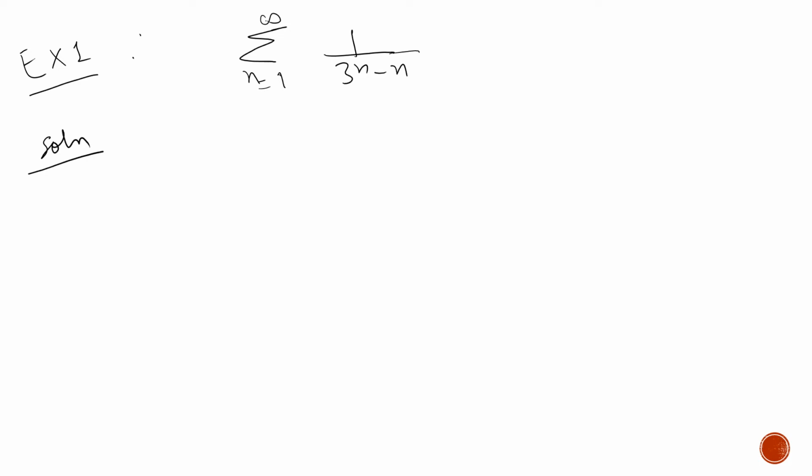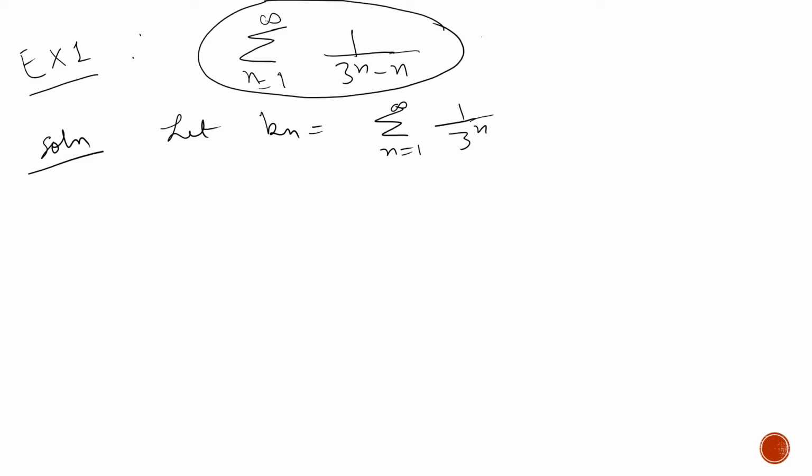Now in using the limit comparison test, you need to use a hit and trial method, but sometimes you can look at the series, which I call the summation from 1 to infinity of an.